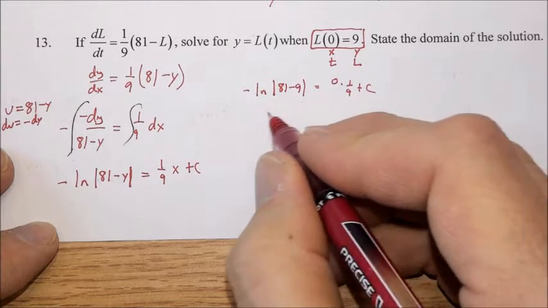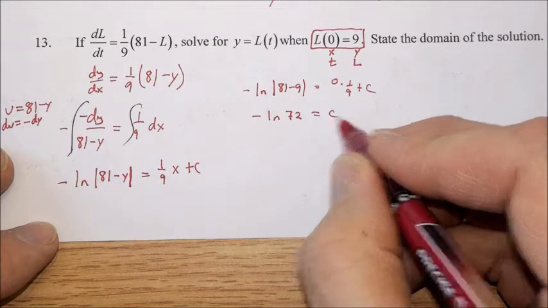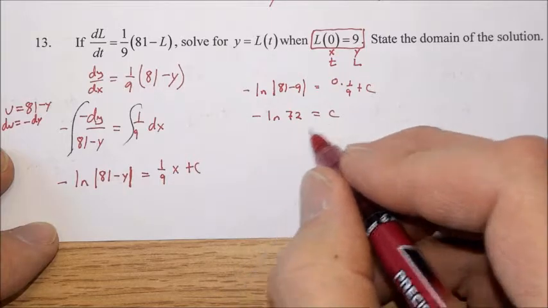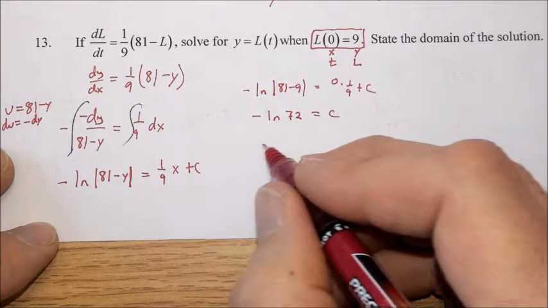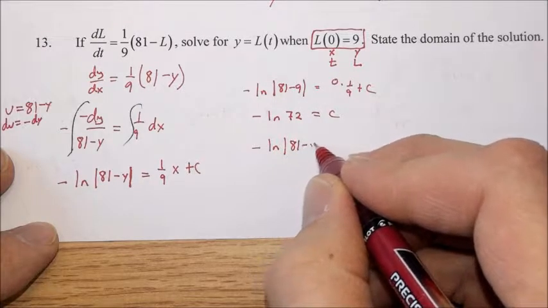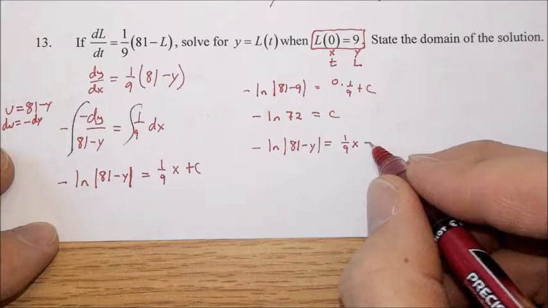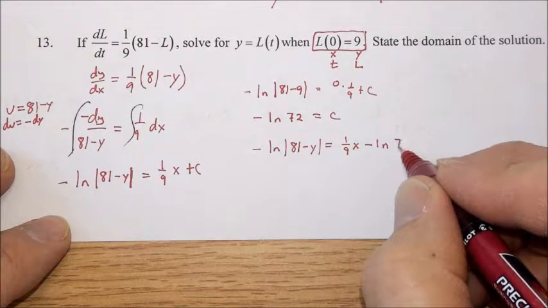So 81 minus 9 is 72, so we have negative natural log 72 is equal to c, which means that if we put this back into our function, we have the opposite of the natural log of the absolute value of 81 minus y is equal to 1/9 x minus the natural log of 72.